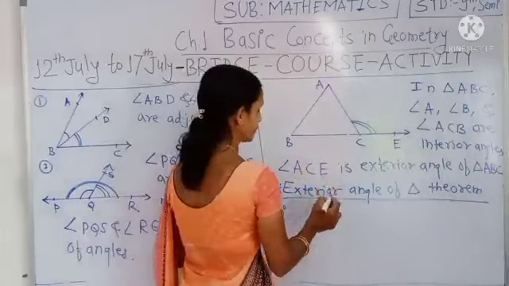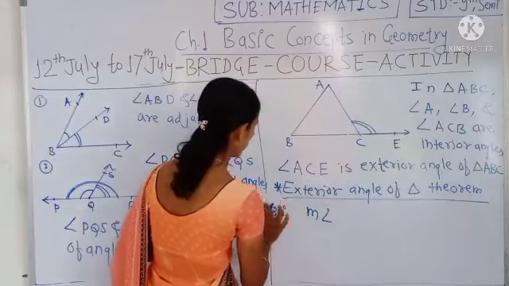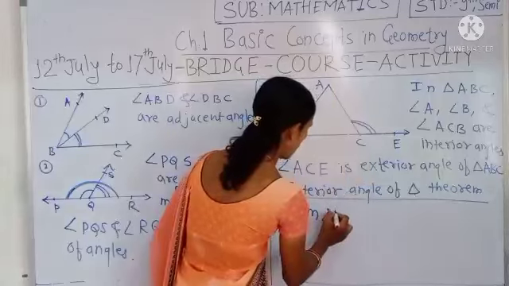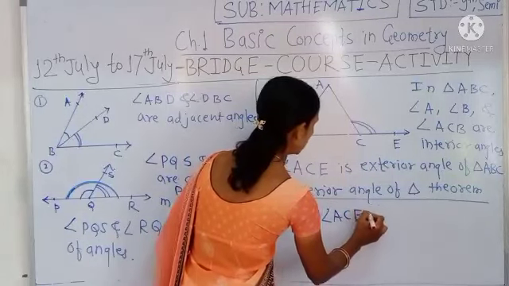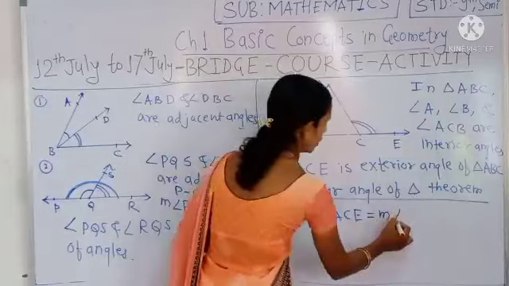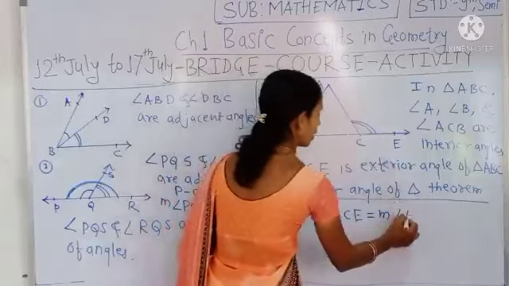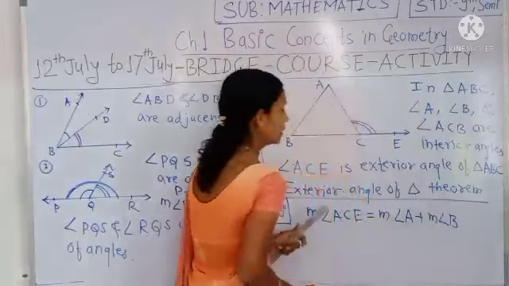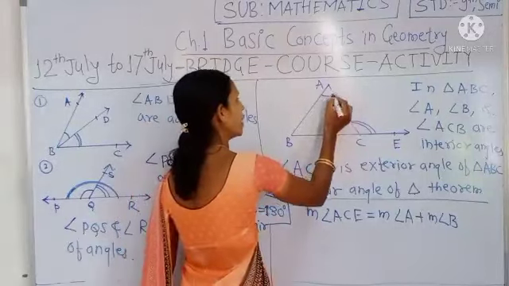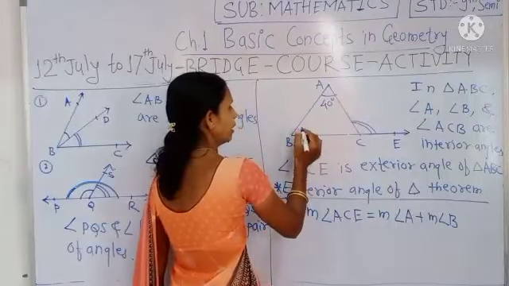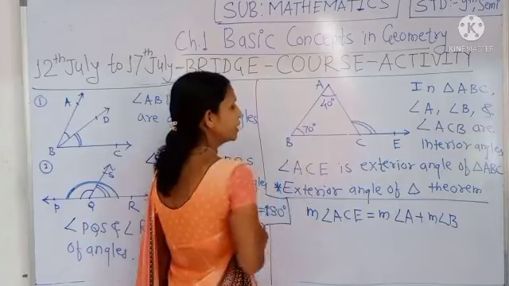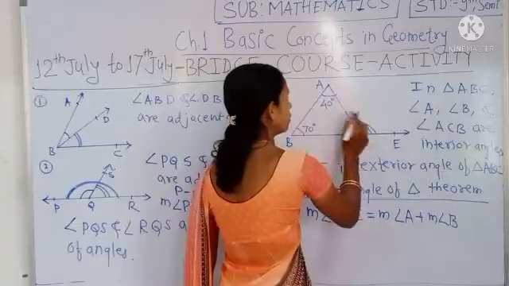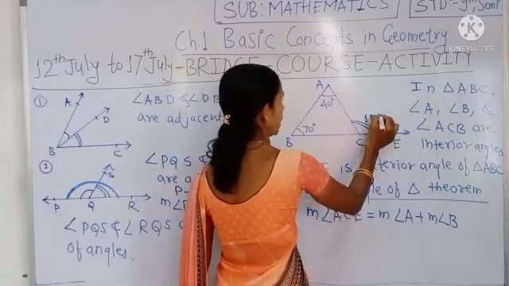According to this property, see here, measure of angle ACE is equal to measure of angle A plus measure of angle B. Suppose angle A is 40 degree and angle B is 70 degree. Then measure of exterior angle is 110.